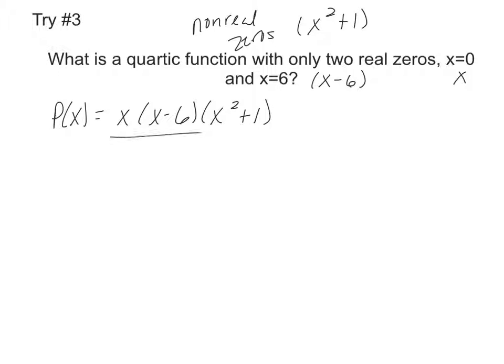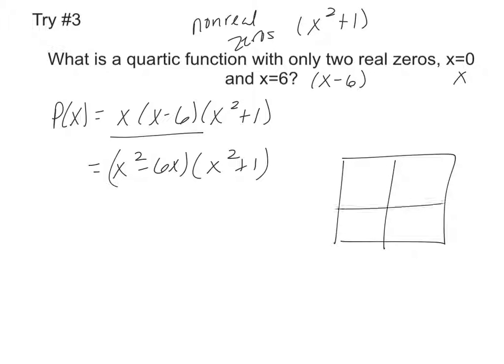This is pretty simple because we're going to multiply those 2 first, and we'll get x squared minus 6x, and then we want to multiply that by x squared plus 1. So we only have to use one box. I didn't have to put plus 1.